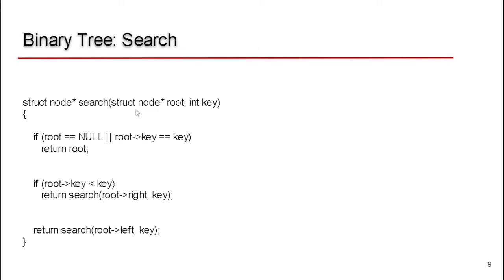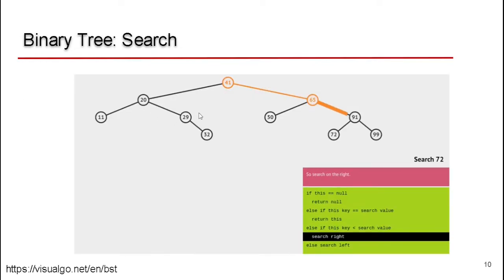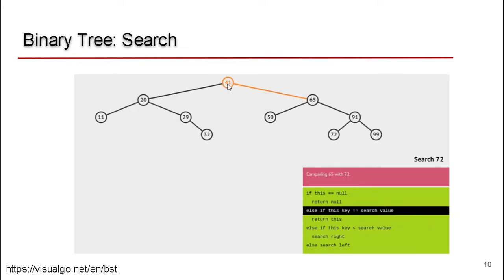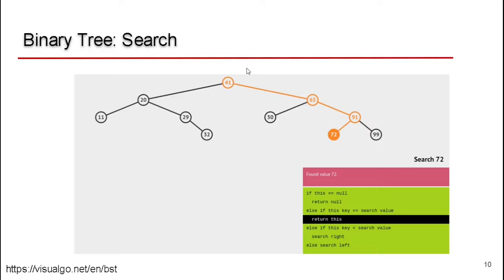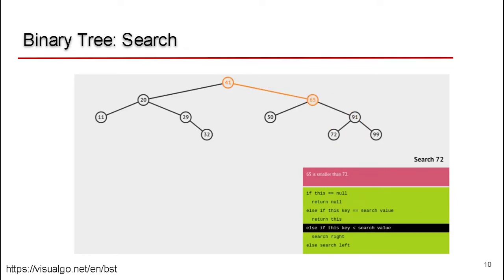Okay, search. First of all, let's see this animation. Let's say we have this tree starting from 41. We have a special condition, this tree is ordered.